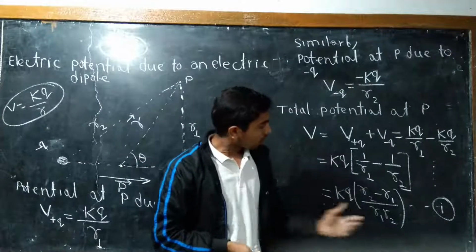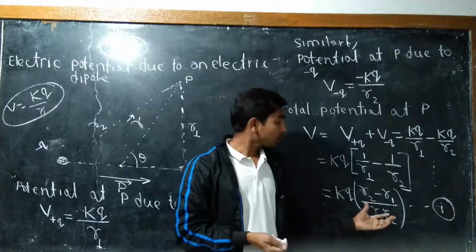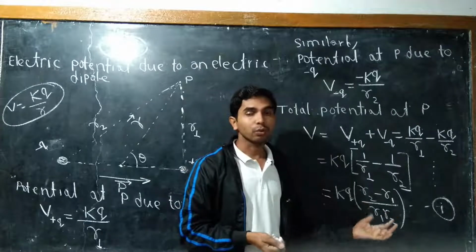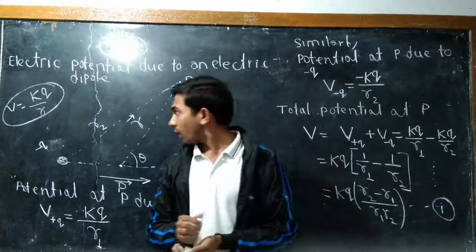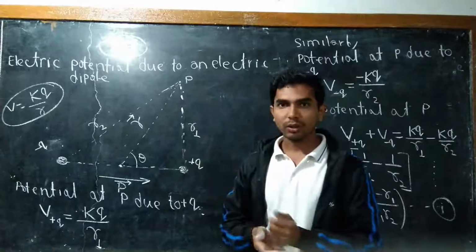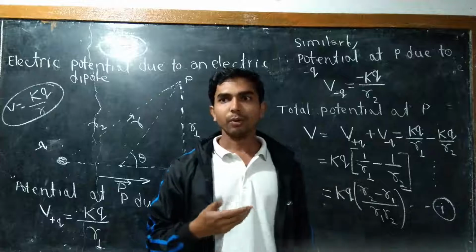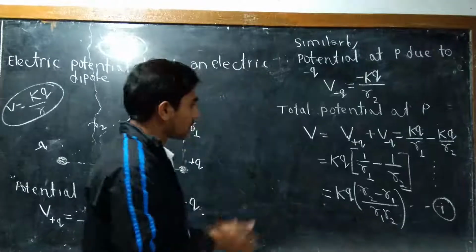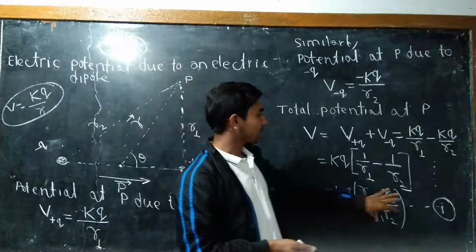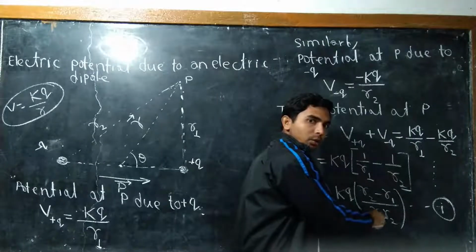Now, how can we calculate the value of this one, right? So now we are going to find the value of this one, right? So for that, I'm going to do some mathematical things, okay? So this is only your physics, right? Now I'm going for mathematics, okay? Mathematics for what? To find the value of R2 minus R1 divided by R1 into R2, right?